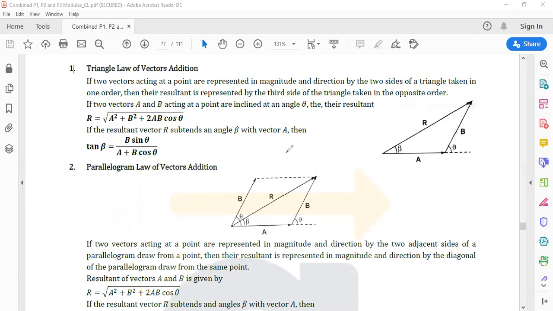The angle is always given by tan, so tan beta is equal to perpendicular by base. The perpendicular was B sin theta and the base was A plus B cos theta.